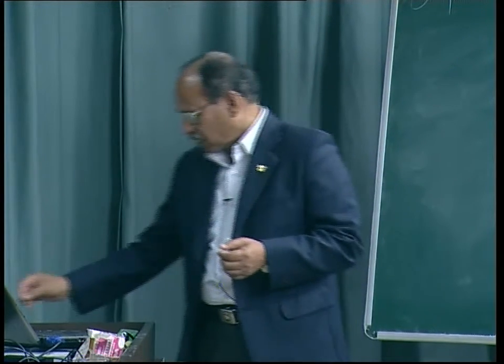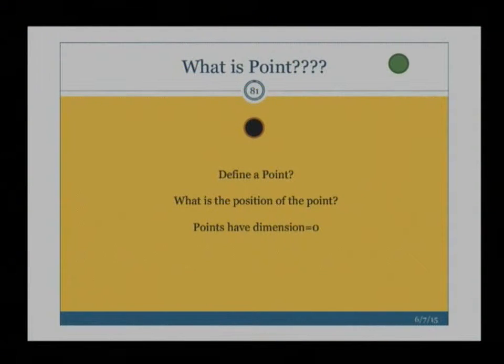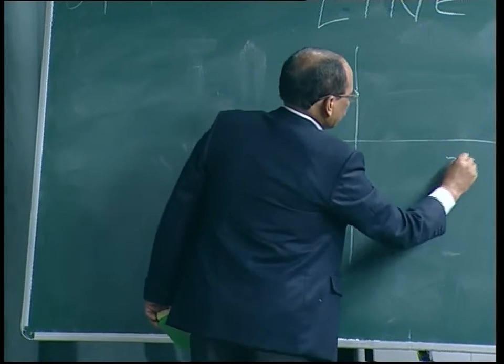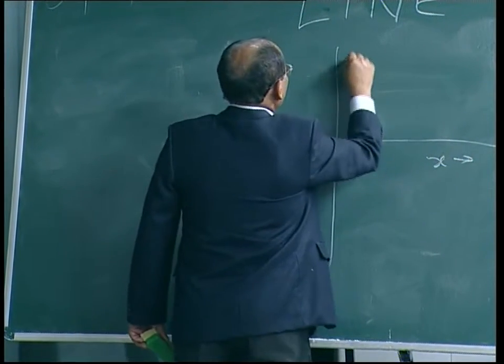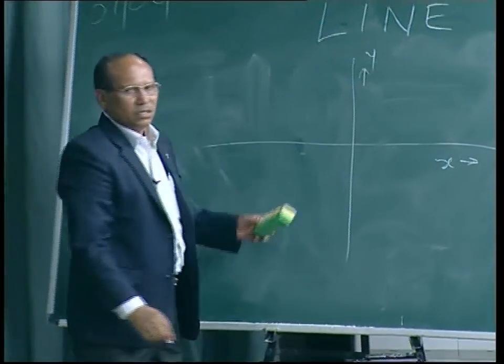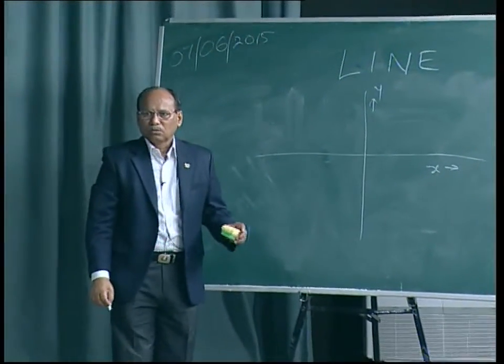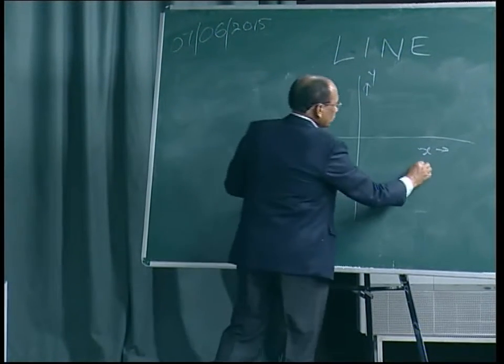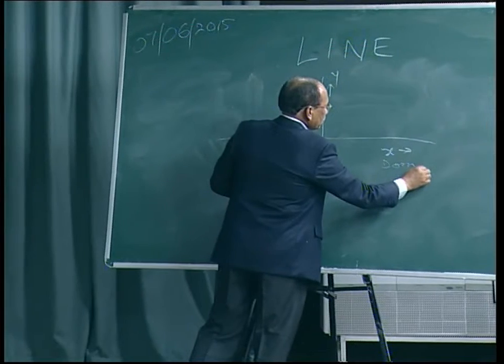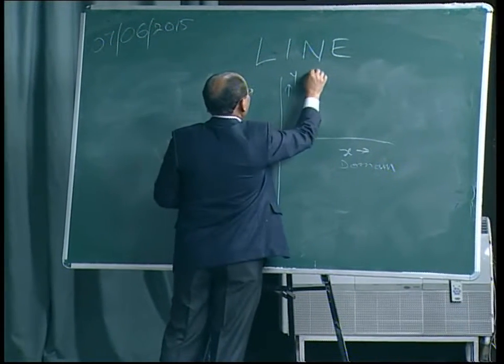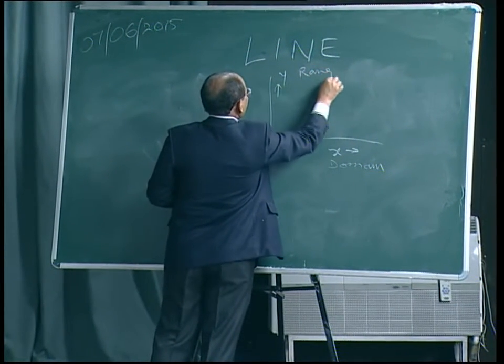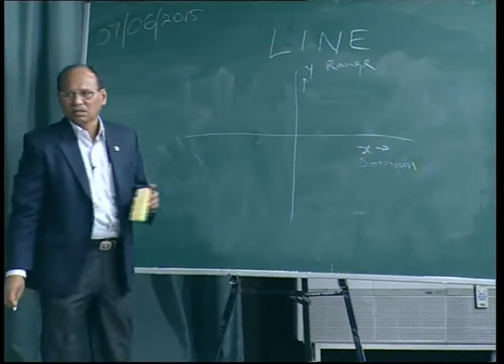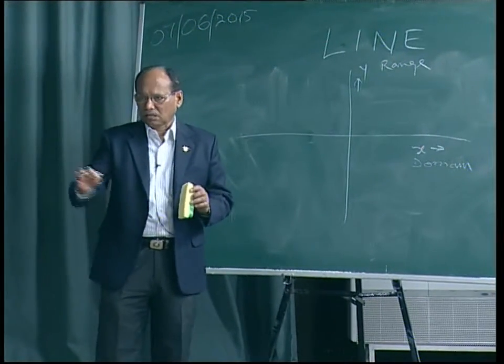So, first thing, there is an x and y. This is clear. One way you can think of it is domain and range.